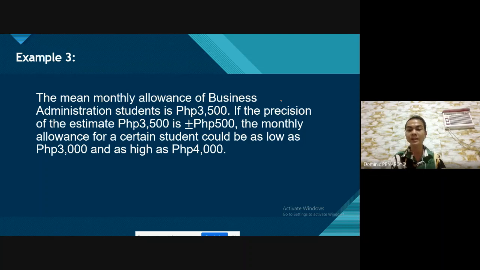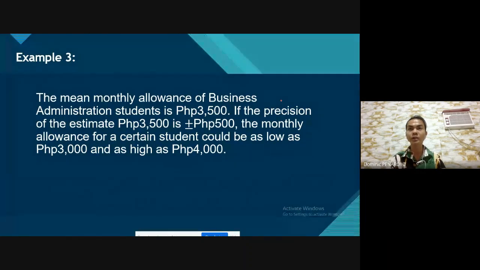So the lower limit is 3,000 and the upper limit is 4,000. Why is it? Because the sample mean, or the point estimate here, is 3,500, and the margin of error that we are talking about is 500 pesos.